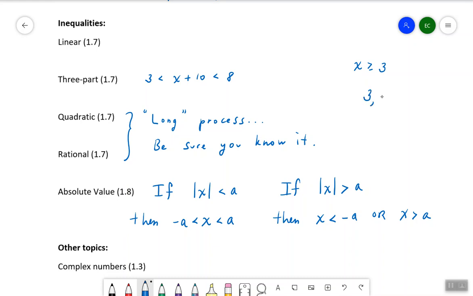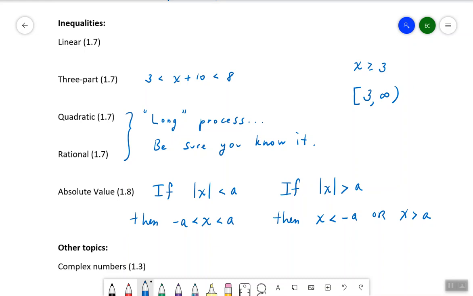That interval starts at 3 and goes up to infinity. We always put parentheses on infinity, and in this case, we'll put a bracket on the 3 because of the equal sign underneath the greater than in our inequality. So that's a real short review of interval notation.